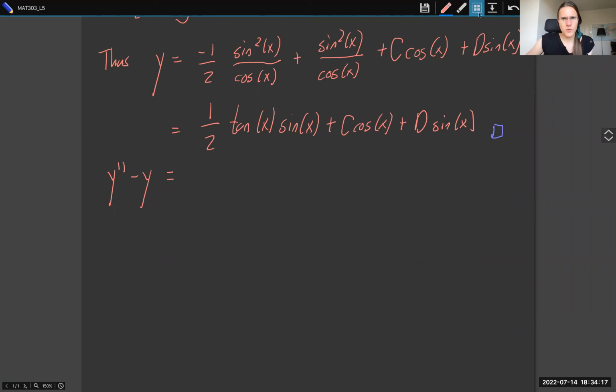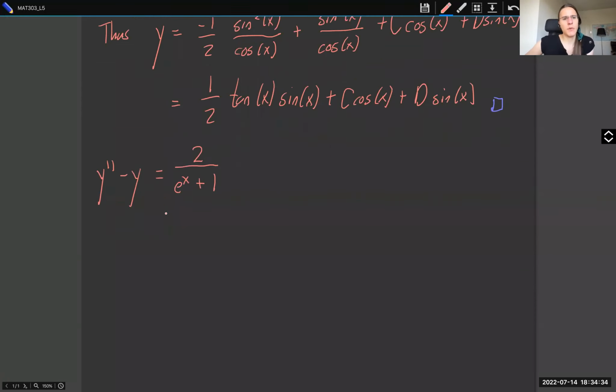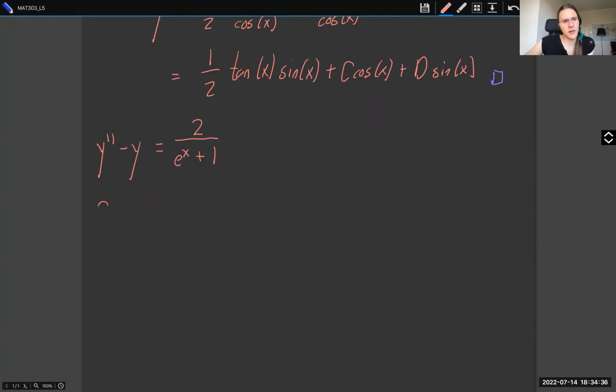2 over e to the x plus 1. And so what we get is, consider y prime prime minus y is equal to 0.